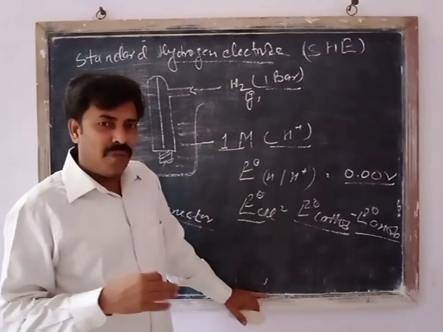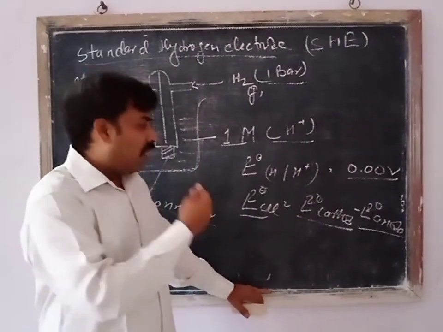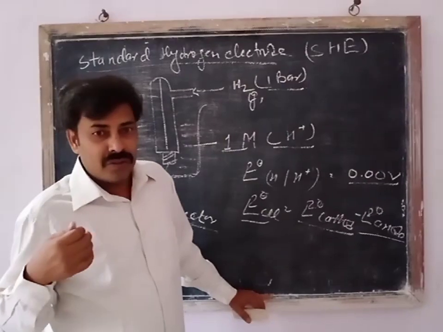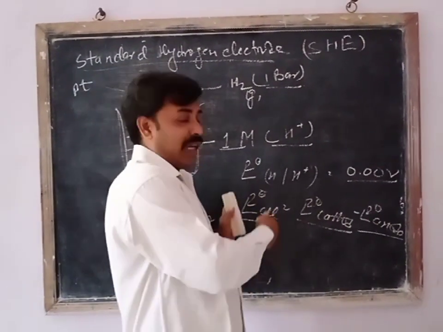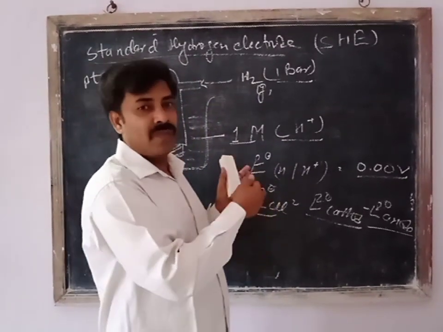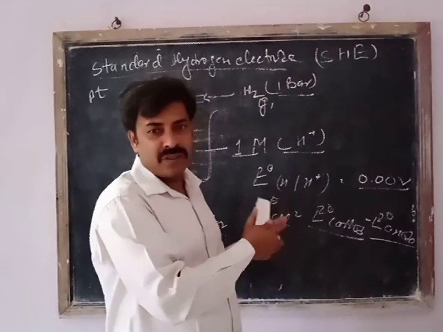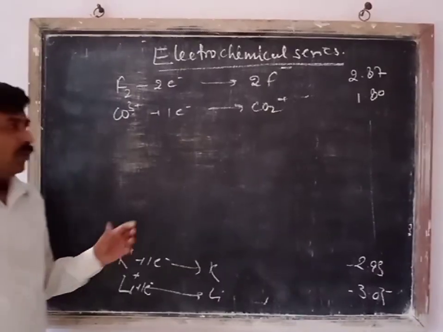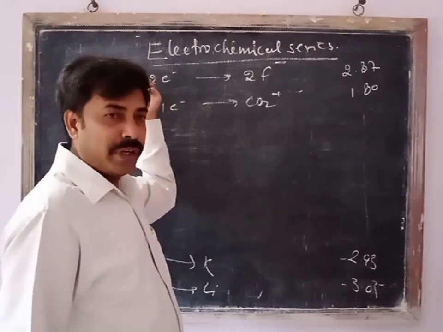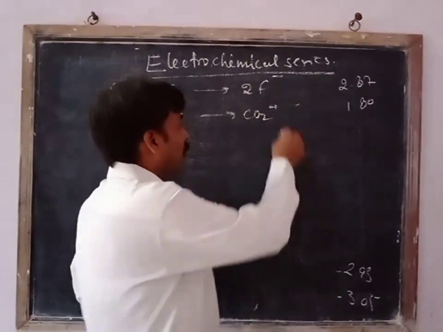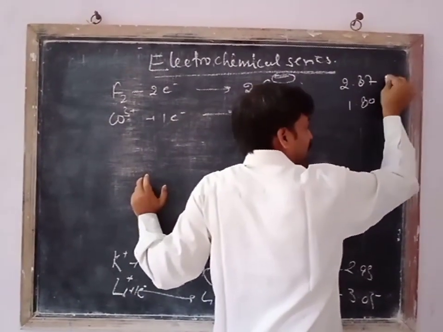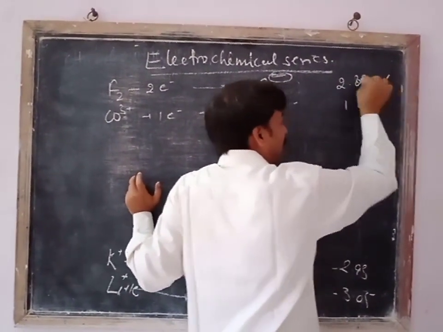By finding the values of electrodes, we can arrange them in a specific pattern, and the table in which these electrodes are put along with their reactions and values is called the electrochemical series. So here is the electrochemical series. The first element, chlorine, by getting 2 electrons turns into chloride ion, and the E electrode value is 2.87 volt.